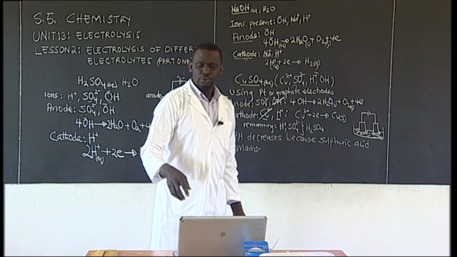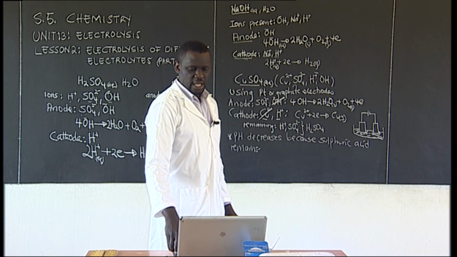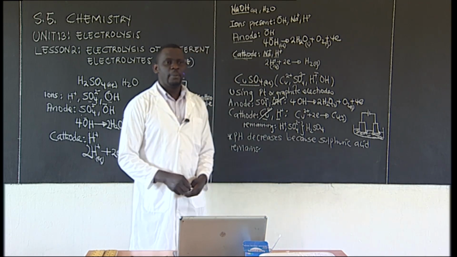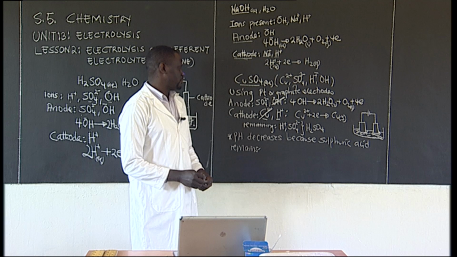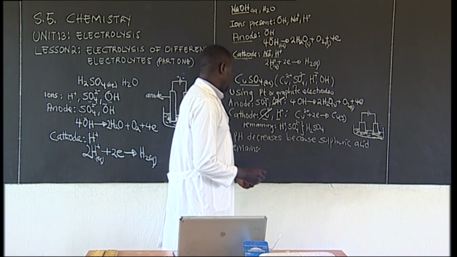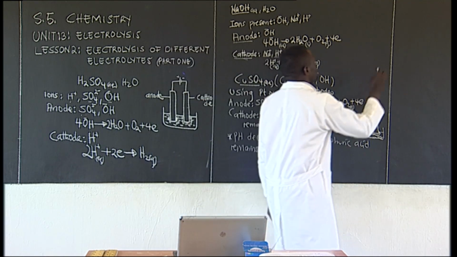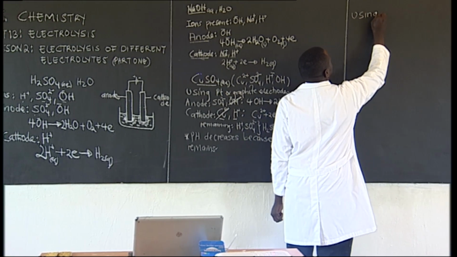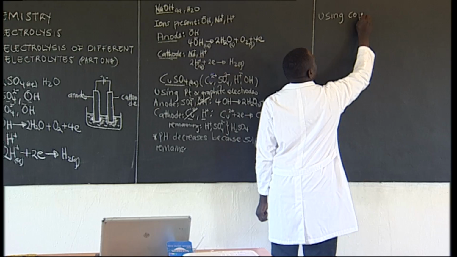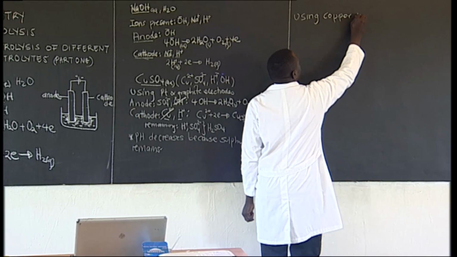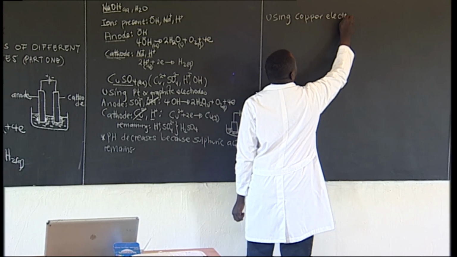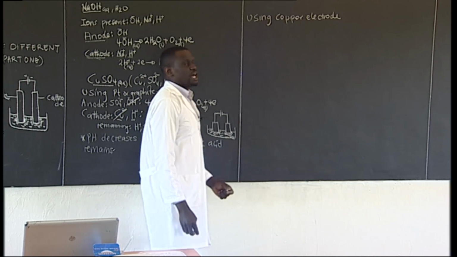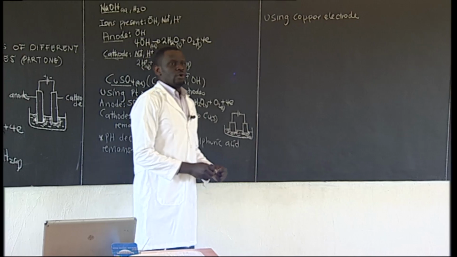So quickly, let's talk about electrolysis of copper sulfate using copper electrodes. We can say now we are on copper sulfate, using copper electrodes. Sometimes we call this one the reactive electrodes.